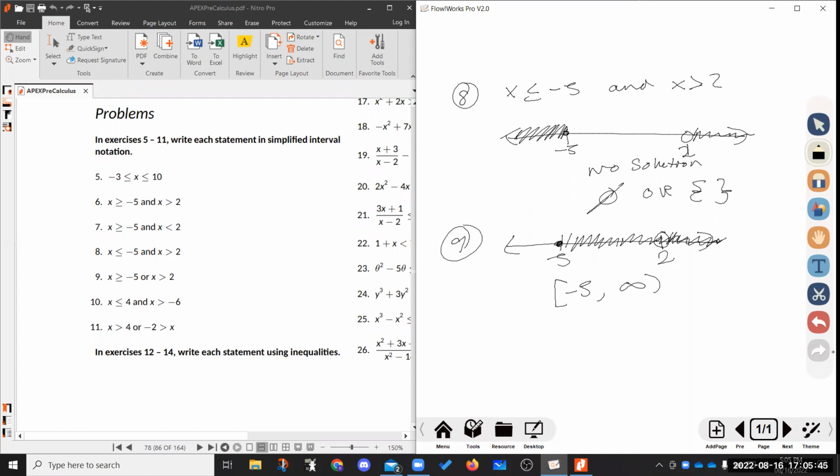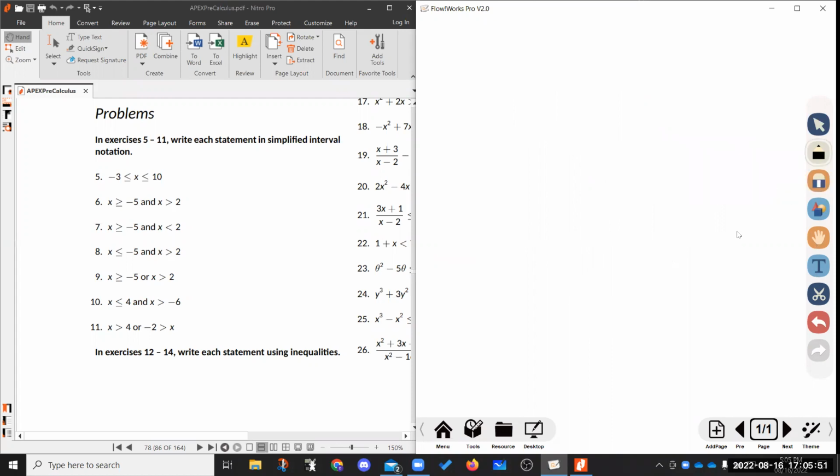Actually, let's take a second to talk about that because you may not know about ands and ors. I'm just going to write it out with words, not with symbols.